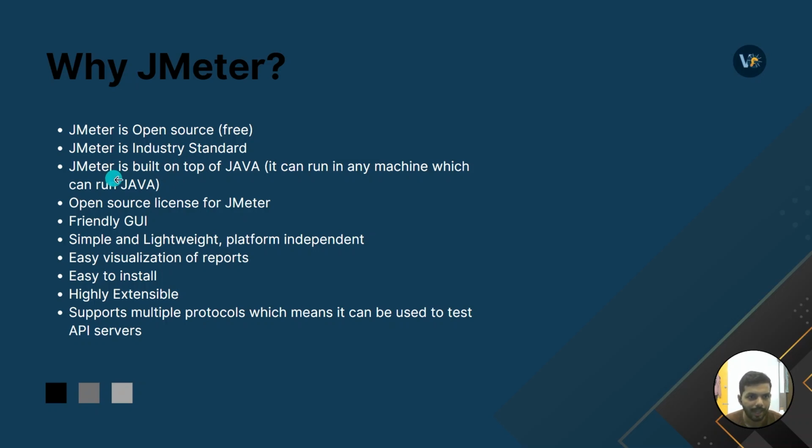And as it is built on top of Java, it can run on any machine. Because Java is a platform independent language, JMeter is also platform independent. Since JMeter is open source, you have an open source license, so you don't need to worry about where you will go for support.